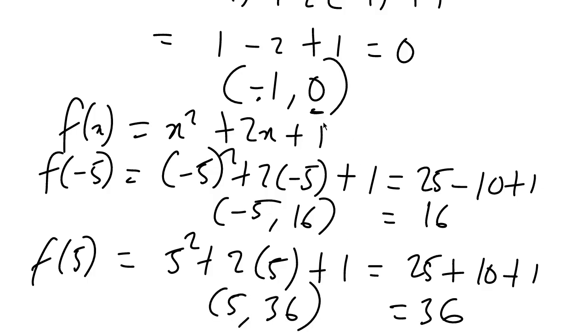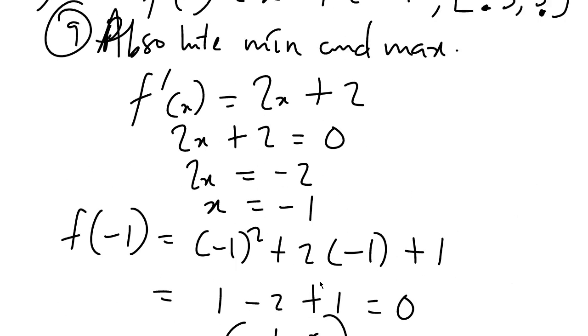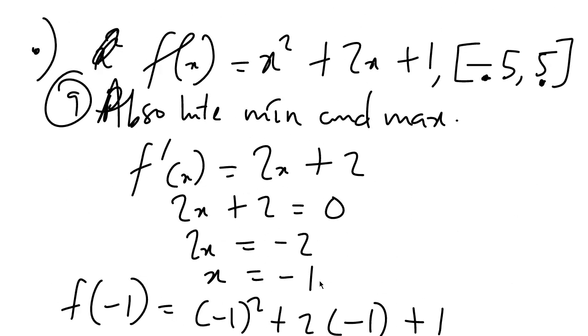You look at the one that has the lowest output. Which one is the lowest among 0, 16 and 36? It is 0. So 0 is the absolute min.